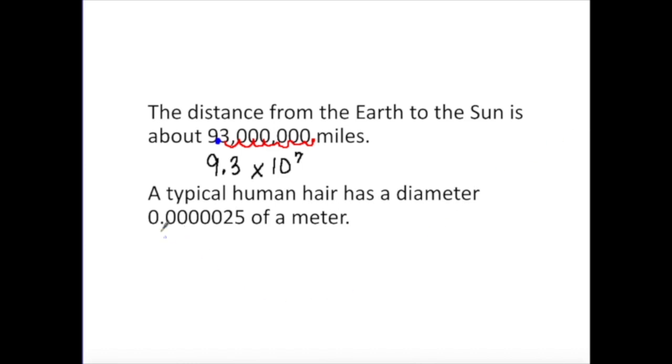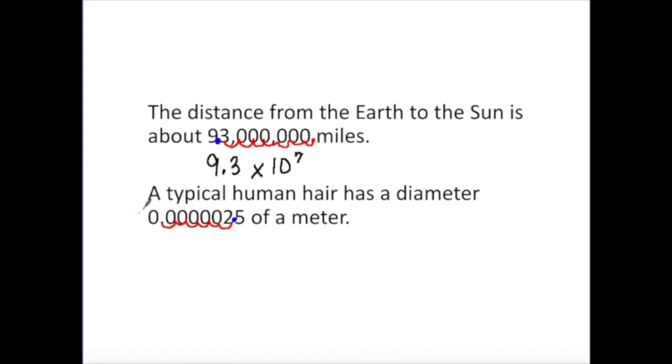So I first move the decimal to where I have a number between 1 and 10. And in this instance, that's 2.5. And then I need to count how many places I needed to move that. So let's move it. 1, 2, 3, 4, 5, 6. I moved it 6 places.